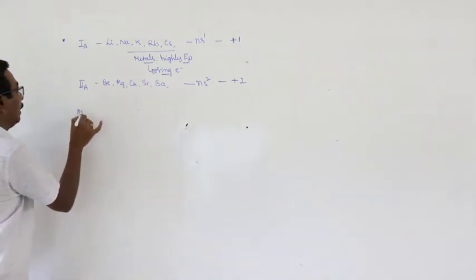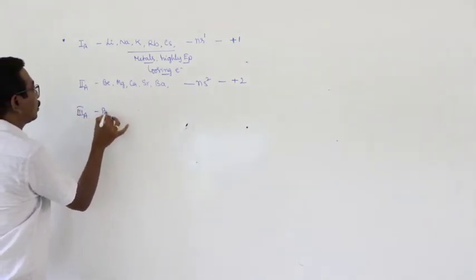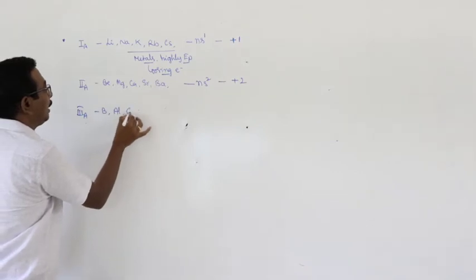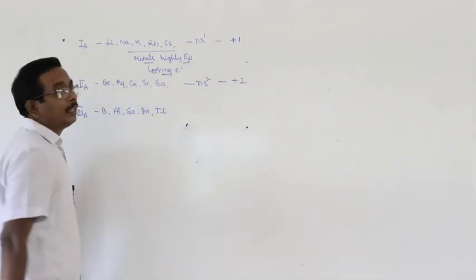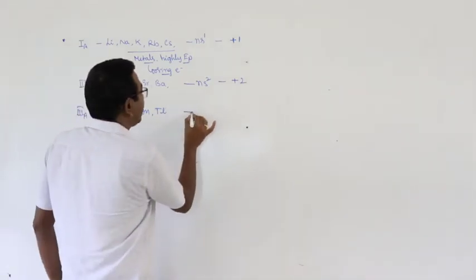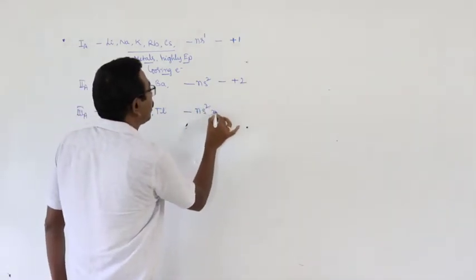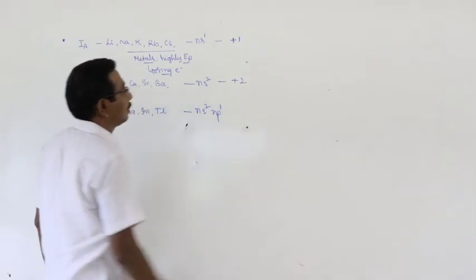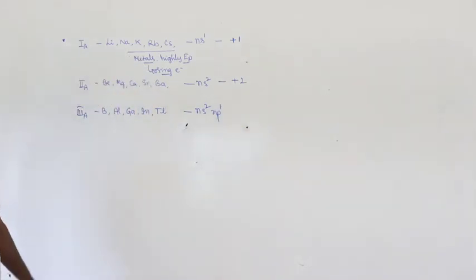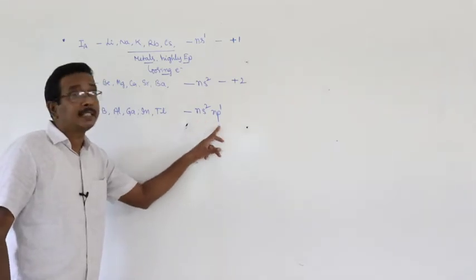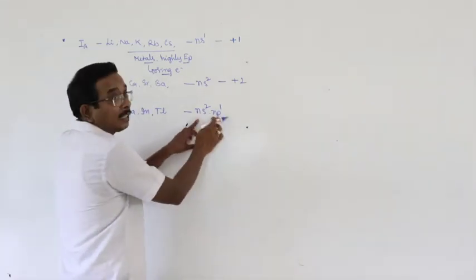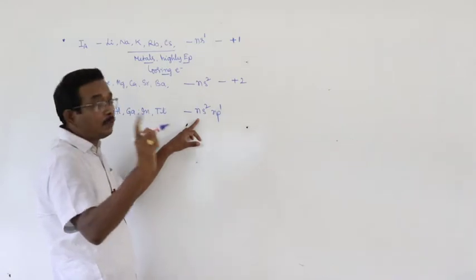Next, in case of third group elements, boron, aluminium, gallium, indium and thallium, here the general electronic configuration is ns2 np1. You have to think about the arrangement of the electrons in the ground state. 2 electrons, 1 electron, combining capacity 1.